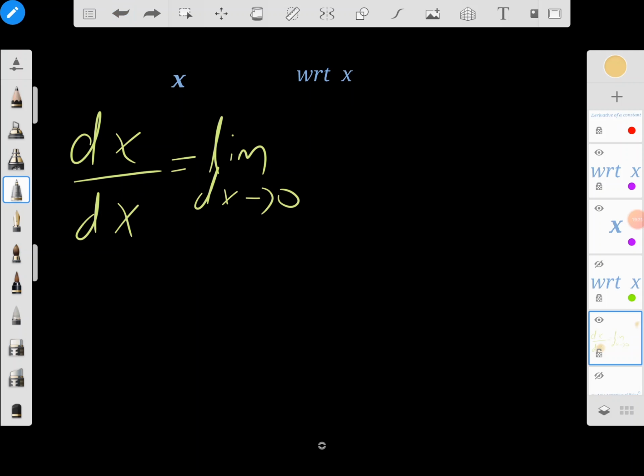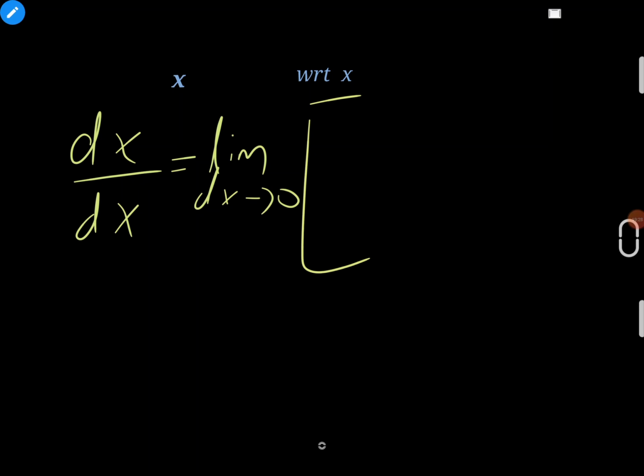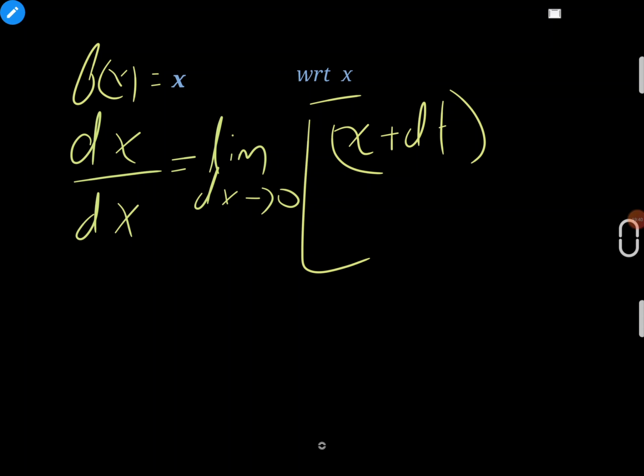Now what you get is f of x plus dx, and you know that f of x is equal to x itself. So it is x plus dx minus x, whole divided by dx, and dx approaches 0.